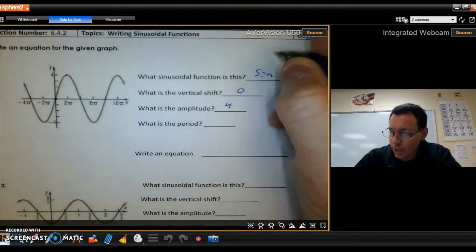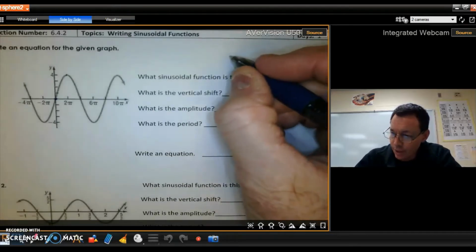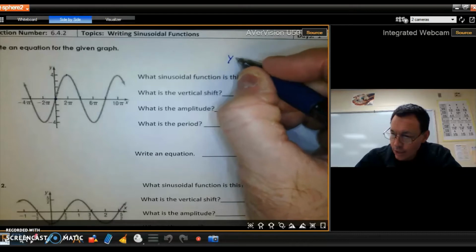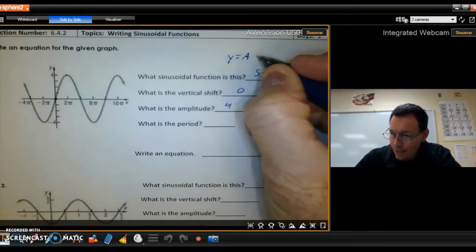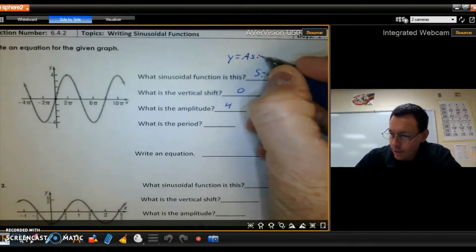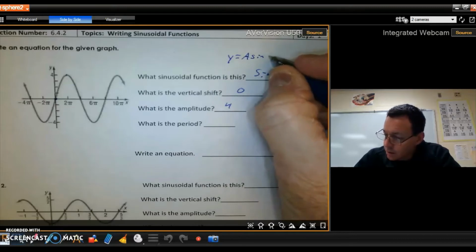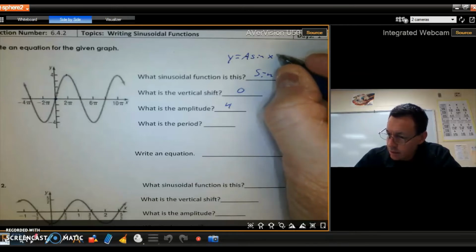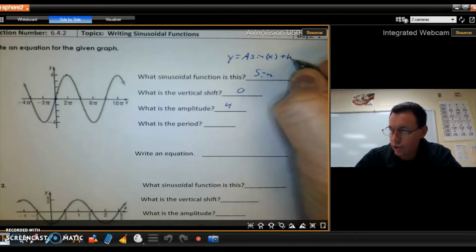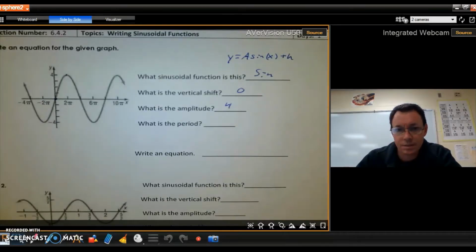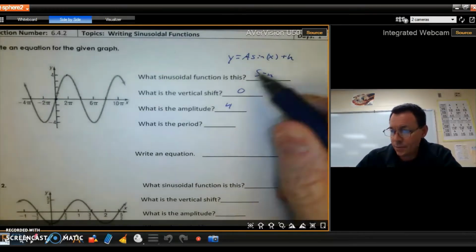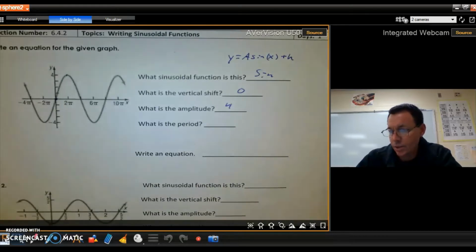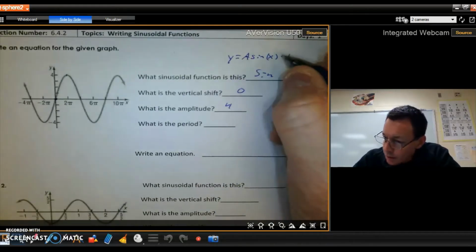So remember what we're trying to figure out. We're trying to figure out y equals a sine of x plus h. Okay, so we're trying to figure out this information and how it's going to go in here.